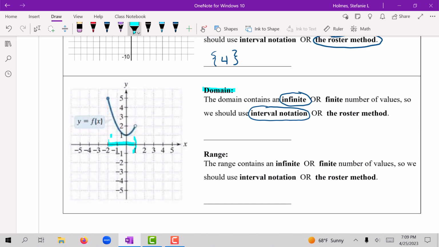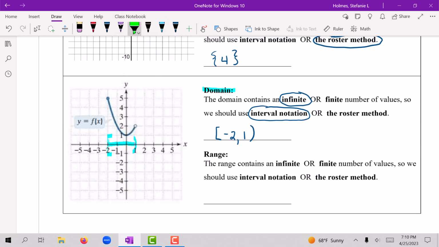And closed dot means included, so that's a bracket. So in interval notation, we have an x value with a bracket at -2, stretching all the way to -1, but not including -1, so we use the parentheses.